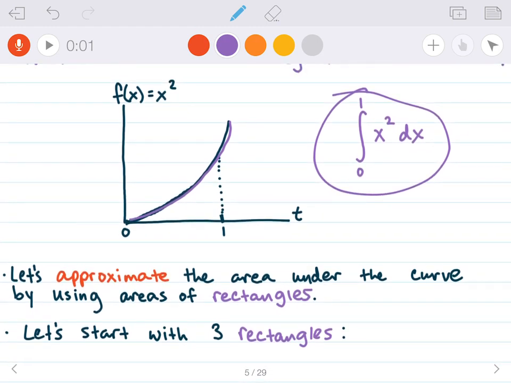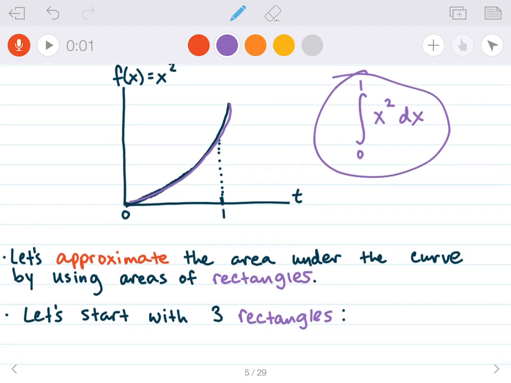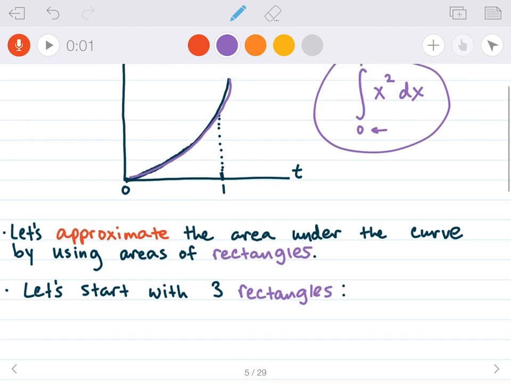Let's start with 3 rectangles. I'm integrating from x equals 0 to x equals 1. So if I'm using 3 rectangles, I want to split that interval into thirds. The first thing I need to do is find out the width of my rectangles.